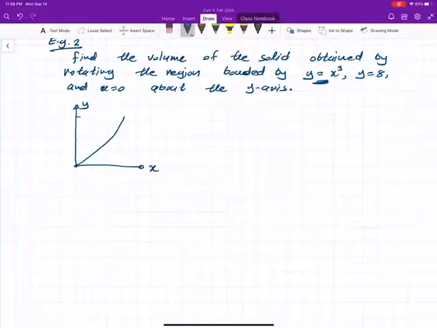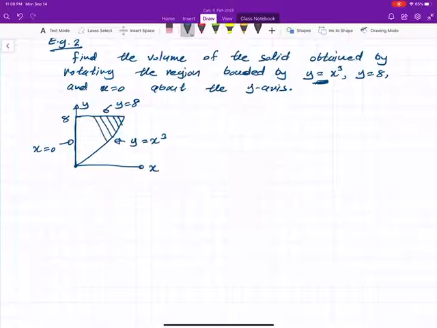Let's say 8 is right here. So this is y equals 8. That is y equals x to the power 3. And the next case is x equals 0. That is that. This is x equals 0.